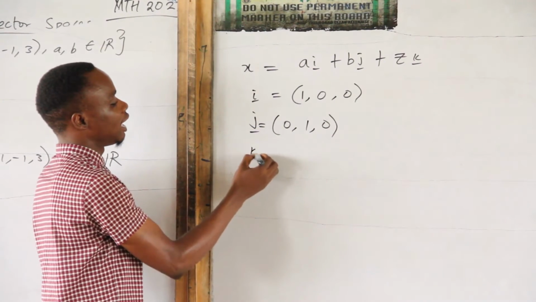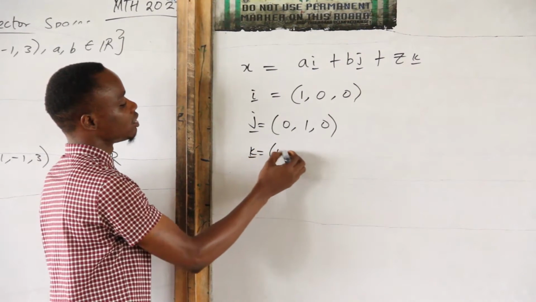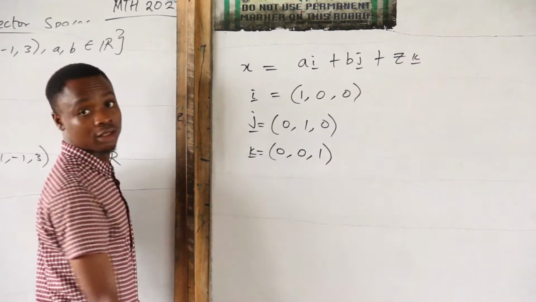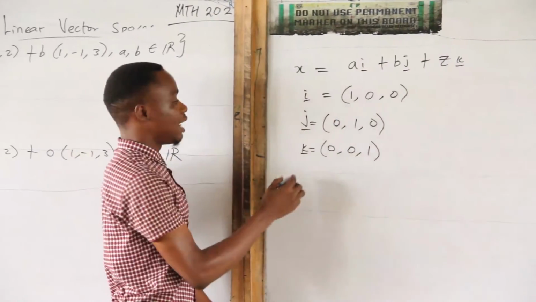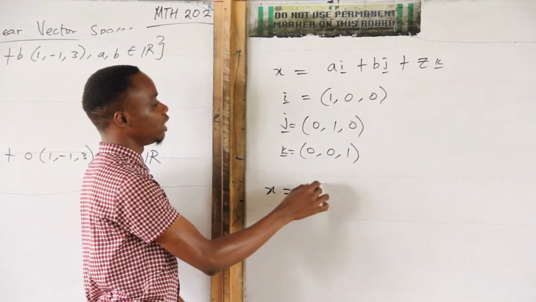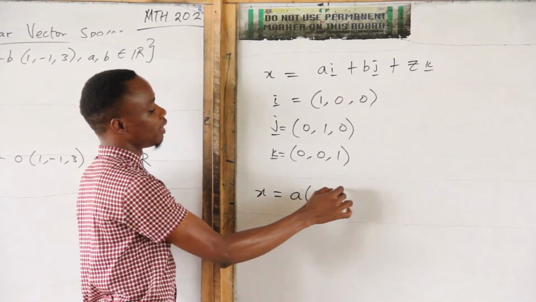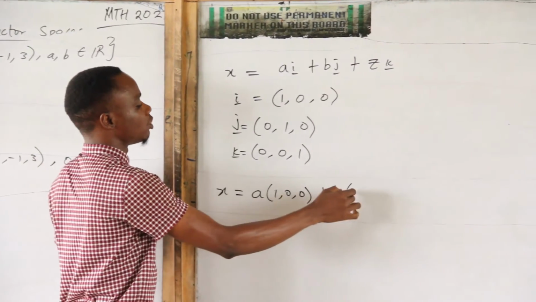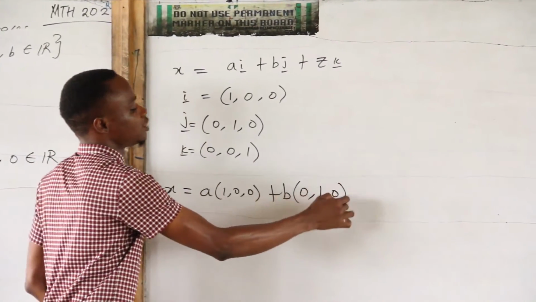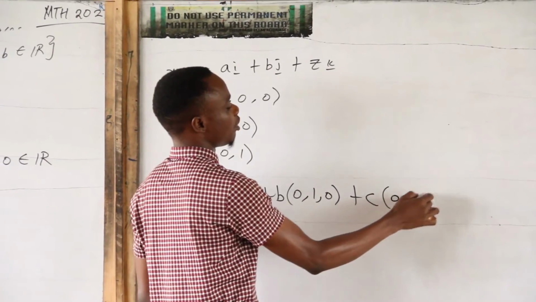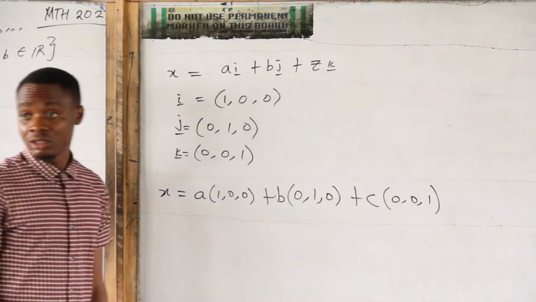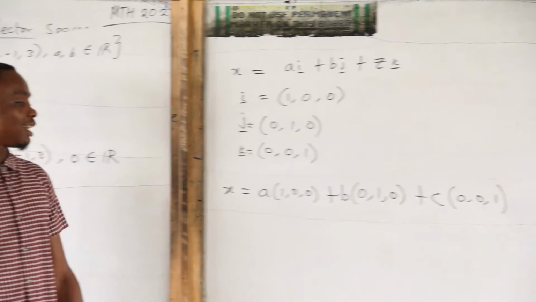And k means I have 0, 0, and 1. That means any element in this space, I can write as x equal to a times (1, 0, 0) plus b times (0, 1, 0) plus c times (0, 0, 1).